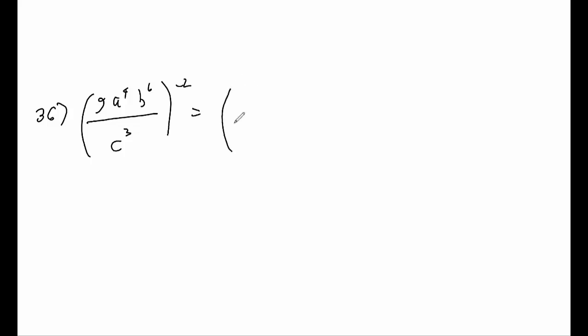So we're going to get c to the third over 9a to the fourth, b to the sixth, to the second power. So you see, this is a negative 2, this is a positive 2, but you see now the c cubed is on top rather than bottom, and this part is on the bottom rather than the top, but now the exponent outside the bracket is positive.